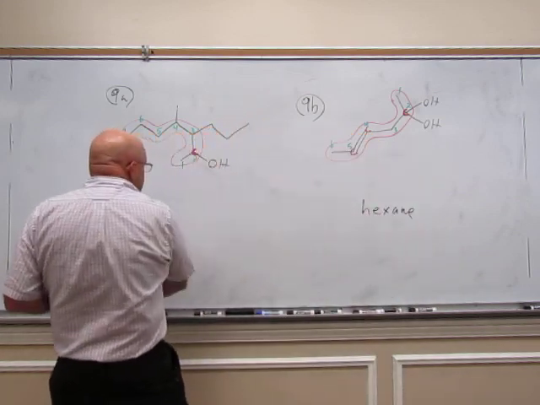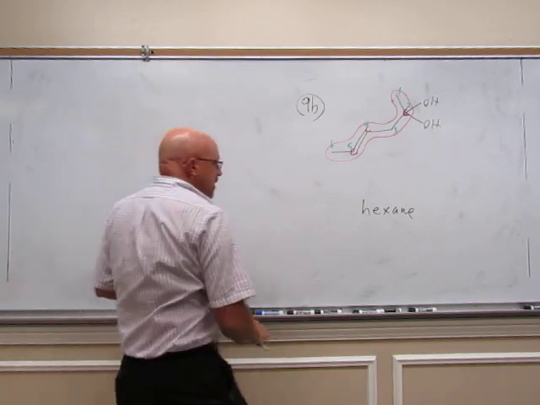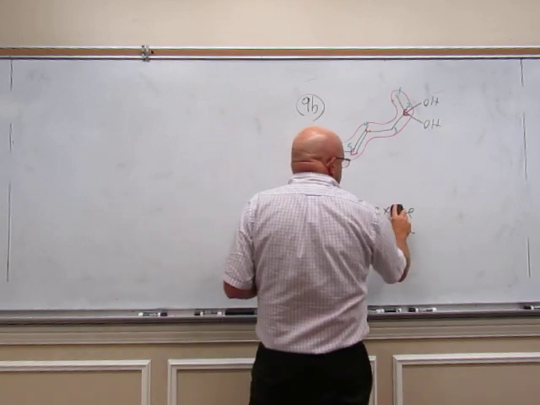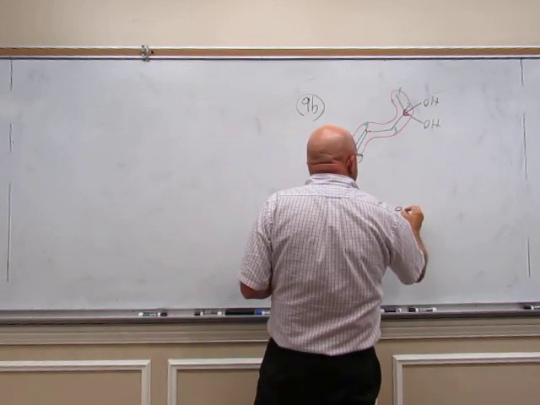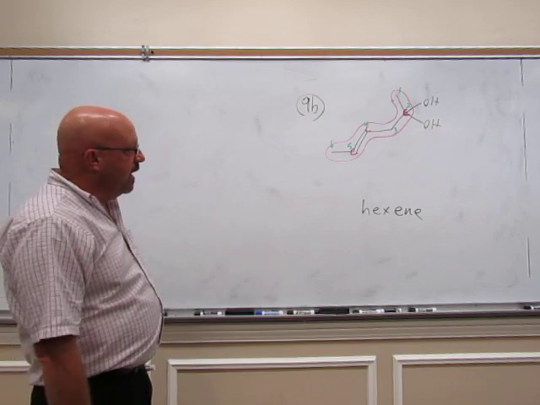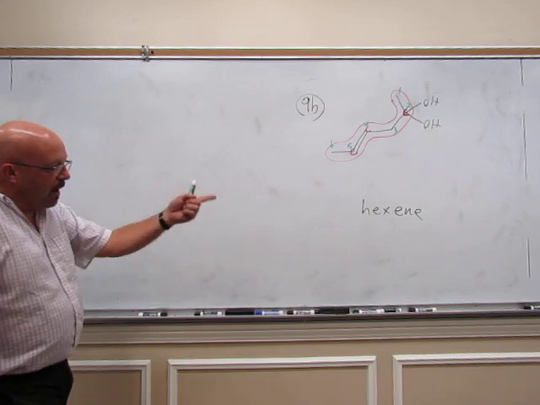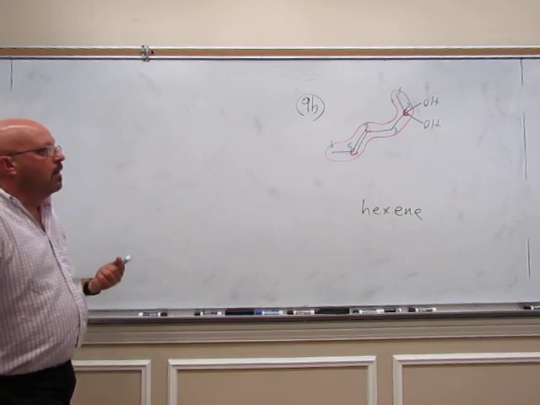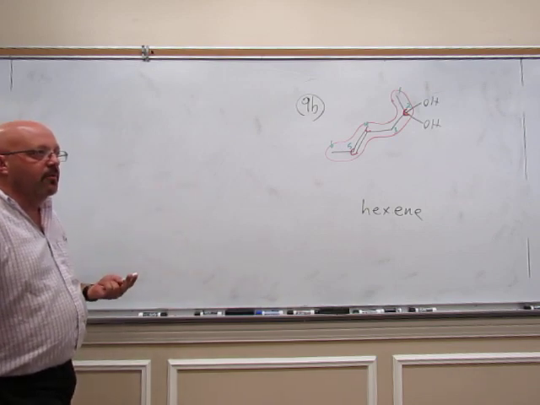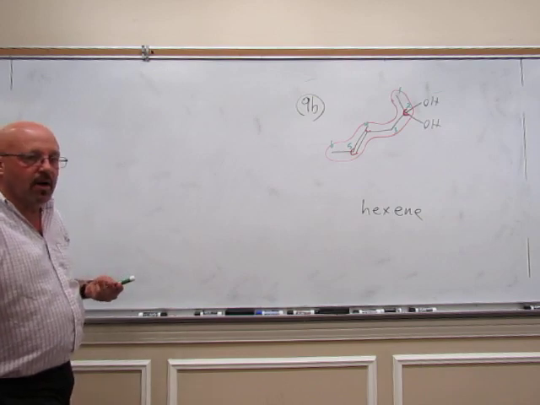So we drop the A-N-E and add E-N-E to represent the alkene. So this is a hexene. Not only is it an alkene, it's an alcohol. With one alcohol, we always drop the final E and add OL. With 2 alcohols it's a diol, and 3 alcohols a triol.